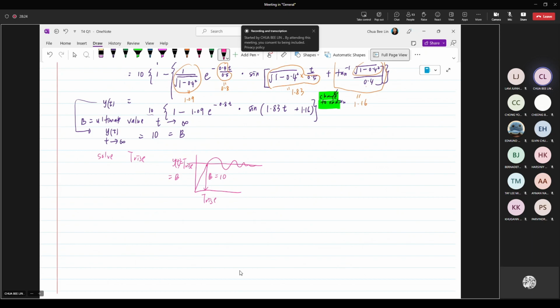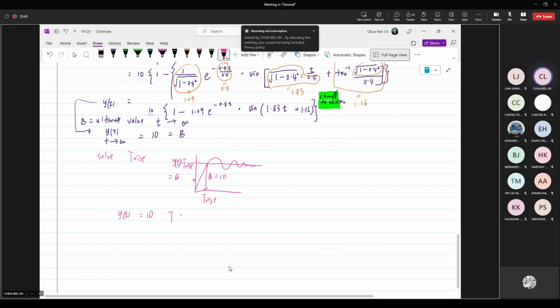B equals to 10. So from here, the equation you can use, the whole thing, you want to solve the t. For example, you will be having this YT equivalent to 10, right?